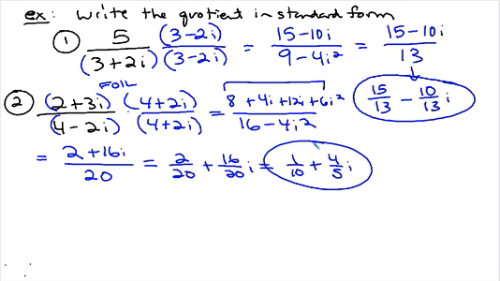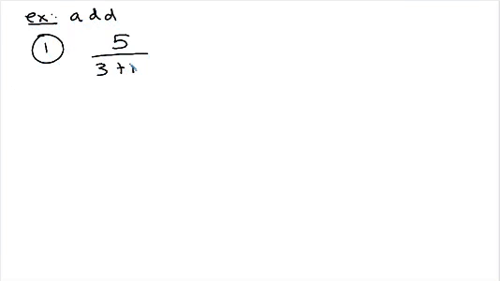All right. One last type of problem before we wrap up, and that is adding. You may be asked to add or subtract two fractions that have a complex number in the denominator. Something like this.